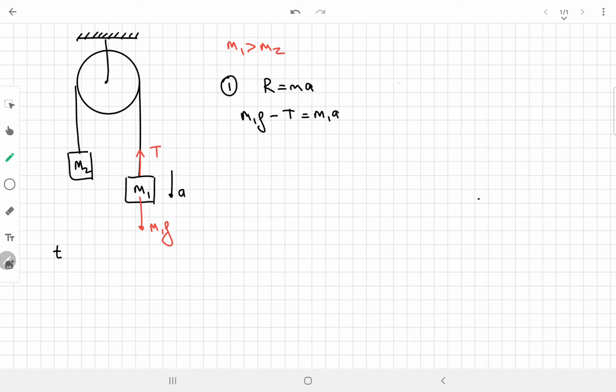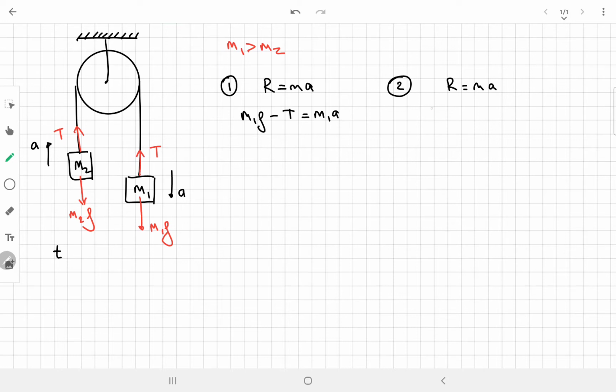Now let's come to the second object. Let's draw the free body diagram and show all forces acting on it. It has its own weight, m2g, and upward the same tension, because it is the same massless rope. Again, Newton's second law: the resultant force should be equal to ma. The second object will go upward with the same acceleration, which means the tension is greater than the weight, that's why it's going upward.